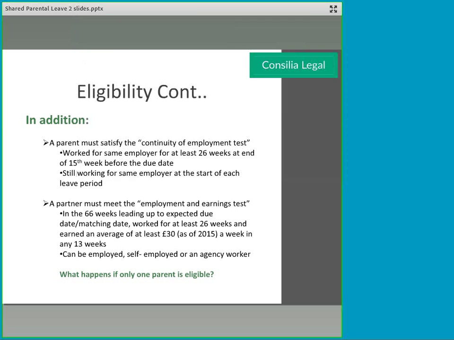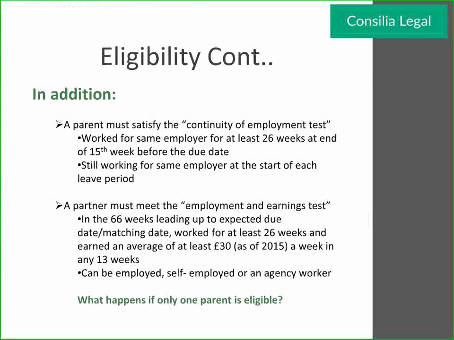So this eligibility, like I say, they just need to meet these tests, and it's for the employee to make sure they're eligible. So the employee has to work this out. But sometimes only one parent will be eligible, because it's only employees that are eligible for shared parental leave. For example, a self-employed parent will not be eligible, but they may still pass that employment and earnings test.